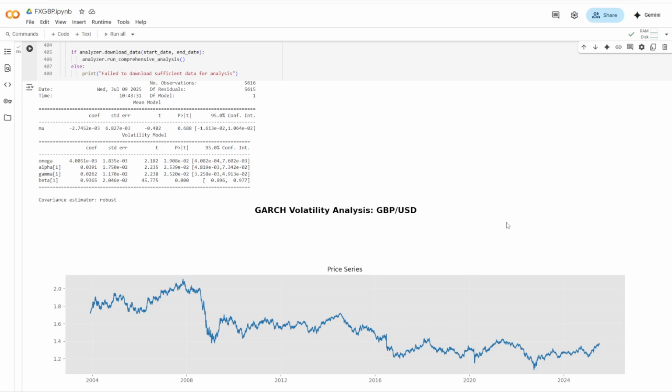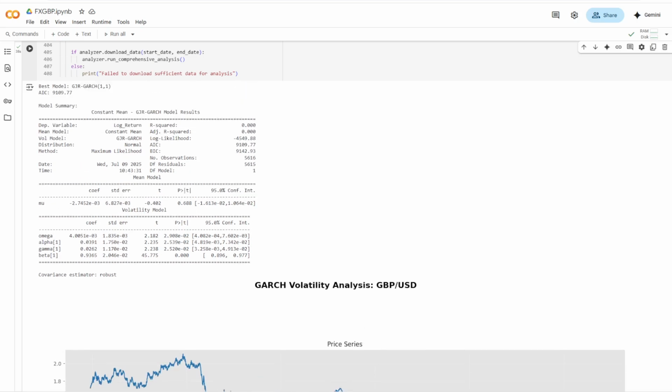the econometric model gives us some parameters which I've spoken about extensively, which are the omega, the alpha, and the beta parameter. And in the case of the GJR-GARCH model, we have also a gamma parameter. The gamma parameter here is 0.0262, and the p-value is statistically significant, very close to 0.